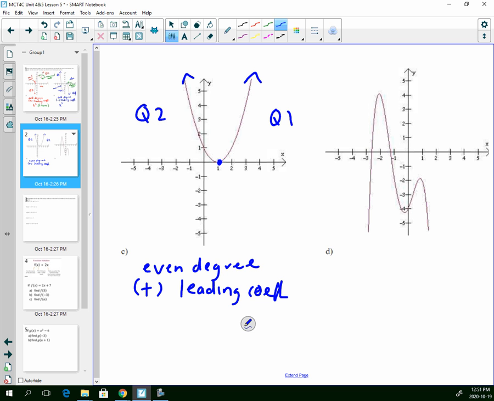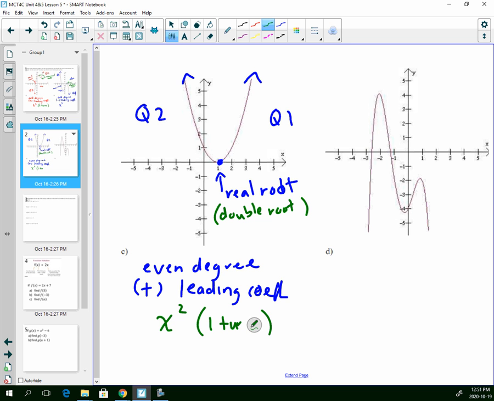It has 1 real root, and it would also be a double root because it turns on the x-axis but does not pass through it. I'm going to say this is power 2 because it has a double root, so that tells me it has 2 factors, and it also has 1 turn. Turns once, so it's probably power 2.